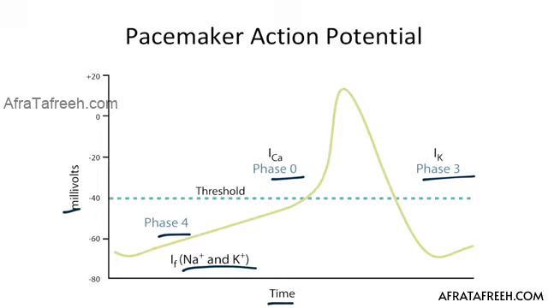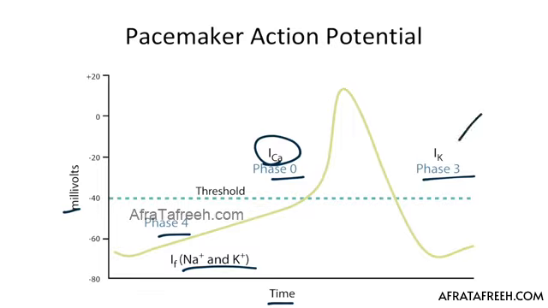Phase 0, or the upstroke, is due to calcium channels rather than sodium channels. Finally, notice that phase 3 is the same in both types of action potentials, which is due to voltage-sensitive potassium channels. Okay, let's draw this out on the next slide.